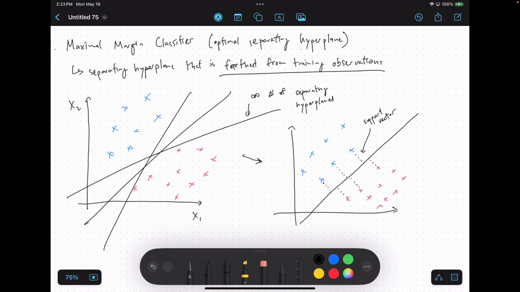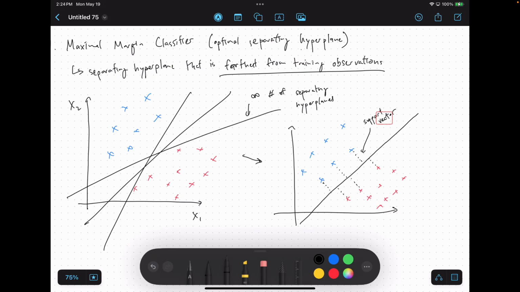I think the reason why it's called a support vector, it's been described to me as, if you think of these support vectors as kind of like pillars that are supporting the line in place. That's what was described to me.